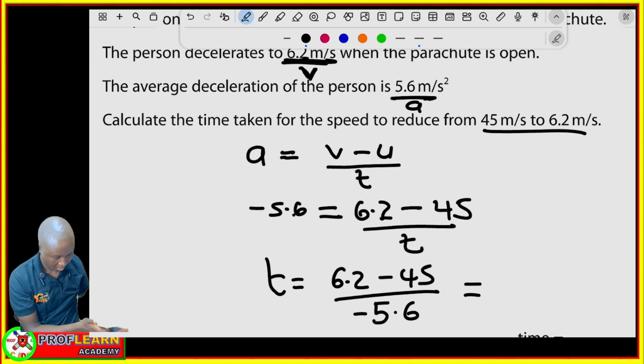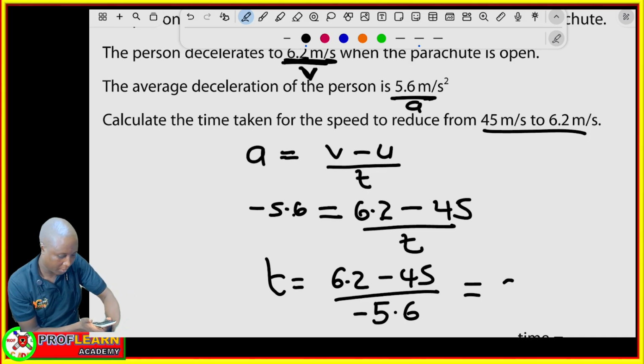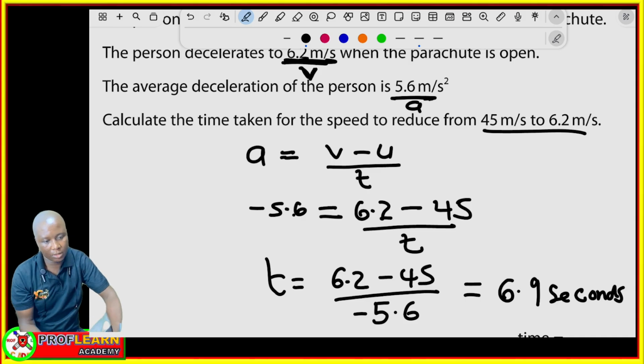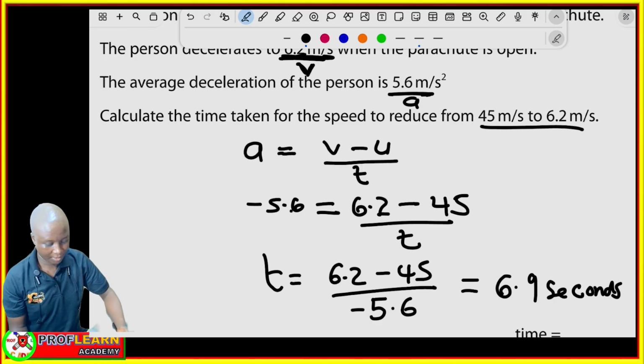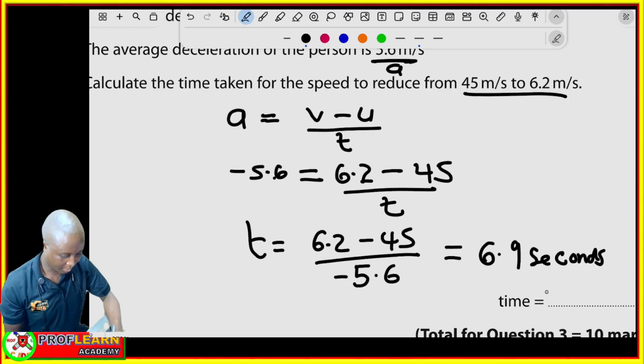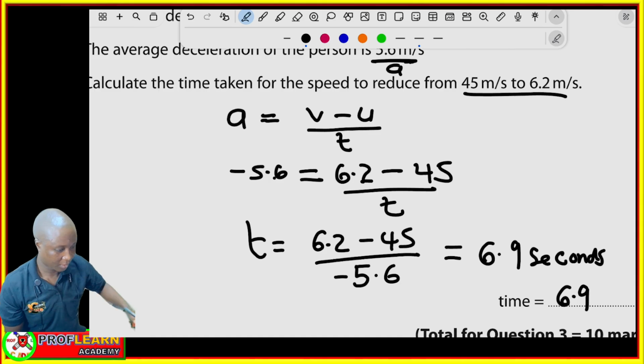If you work it out, you're going to get 6.9 seconds. So this becomes the final answer.